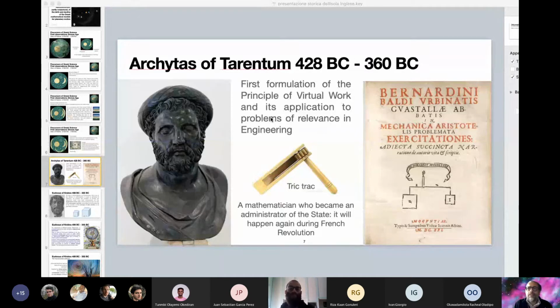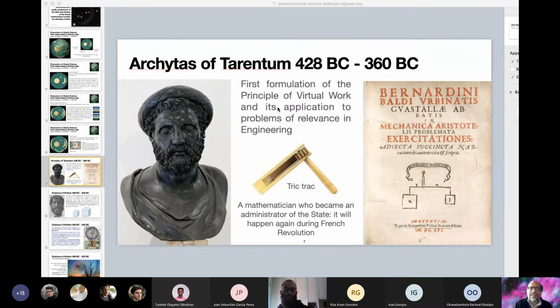Archytas of Tarentum is probably the inventor of modern mechanics. At least Archimedes claims that Archytas of Tarentum was the first mechanician using mathematics for describing physical phenomena.